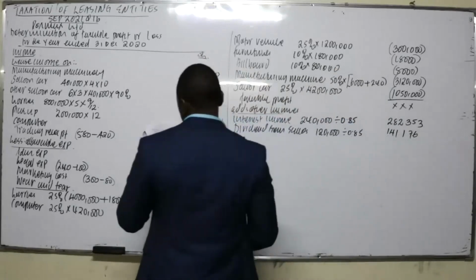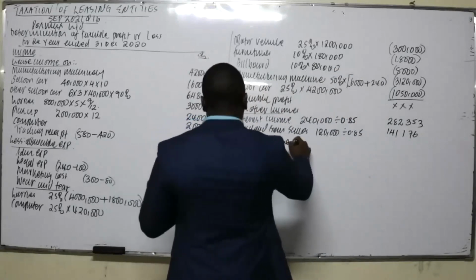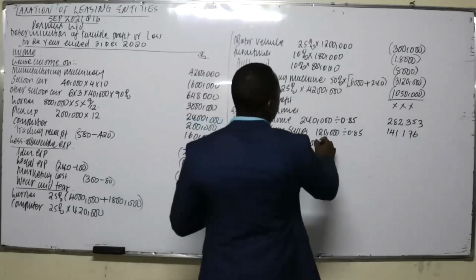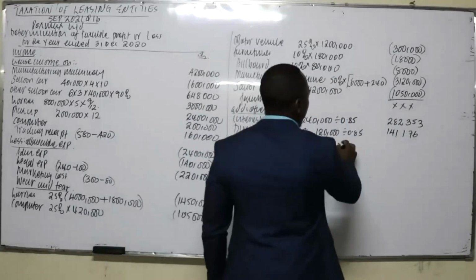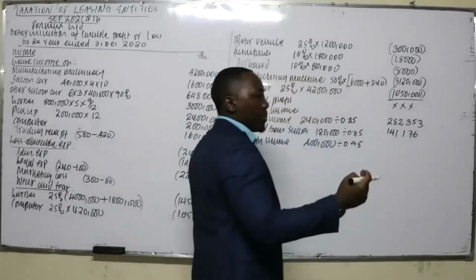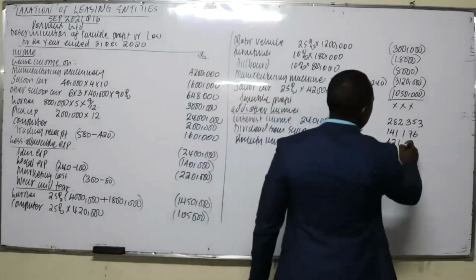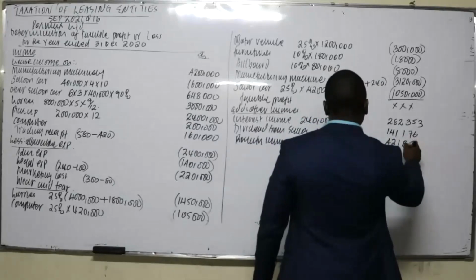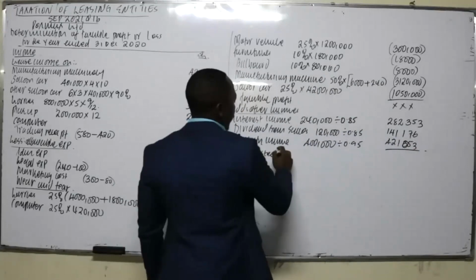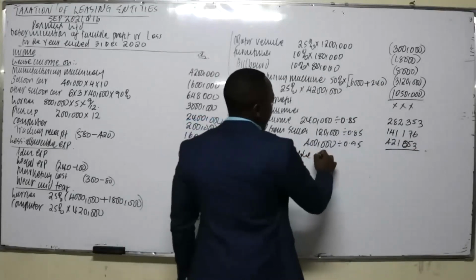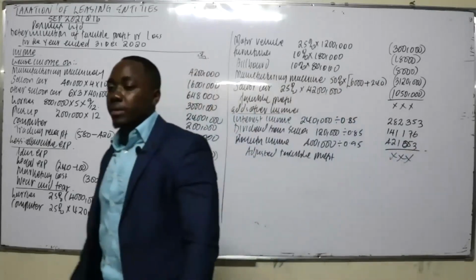Then there is royalty income, 400 net. The withholding tax on royalty is how much? 5%. So divide by 0.95, or you multiply by 100/95. 421.05. And that's how you get the adjusted taxable profit. As simple as that.